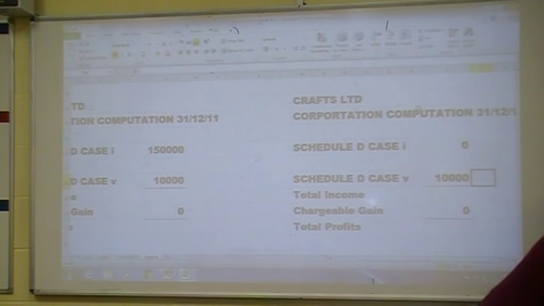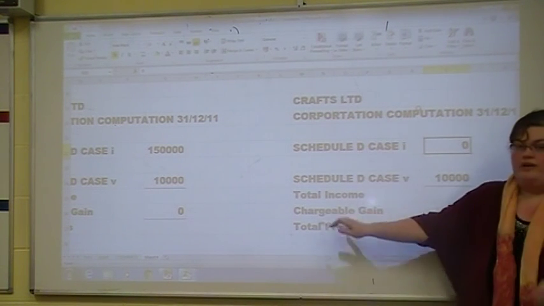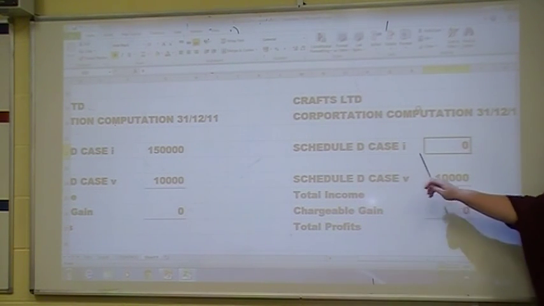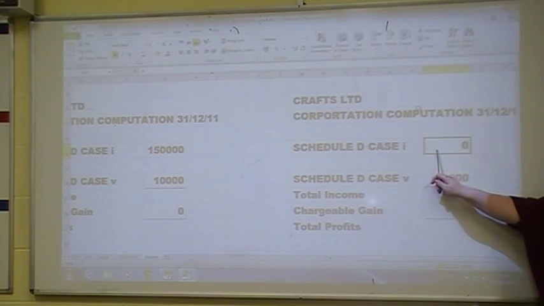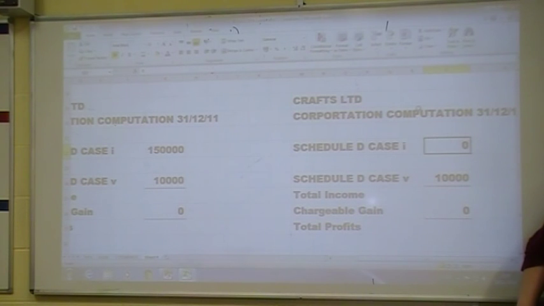So 150,000 for buttons, case 1, and 10,000 case 5, and then crafts has got no case 1, we've got the loss of 300,000, and it's got income of 10,000. Remember, we're dealing with the current year here, because our loss is in 11.